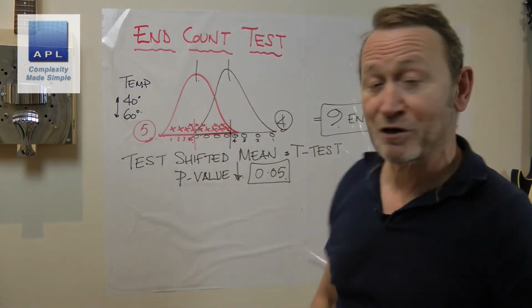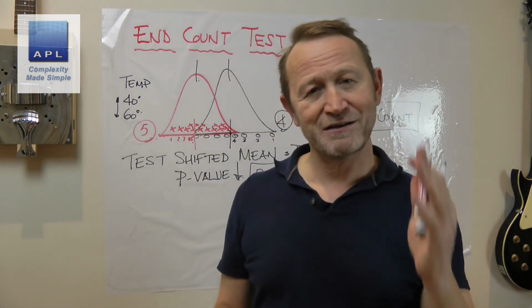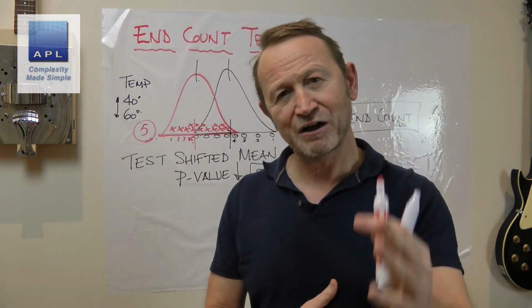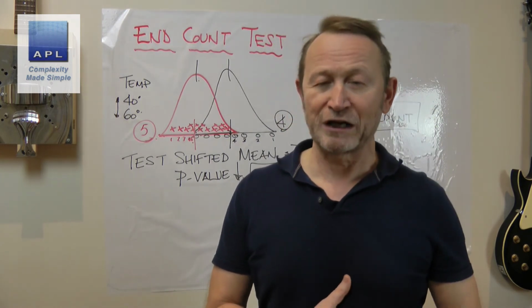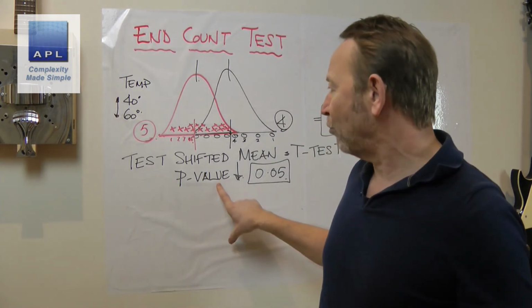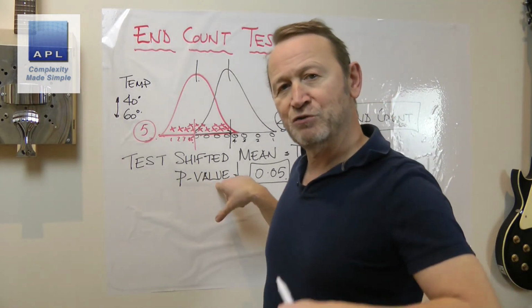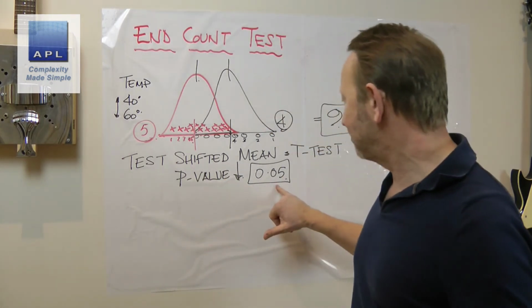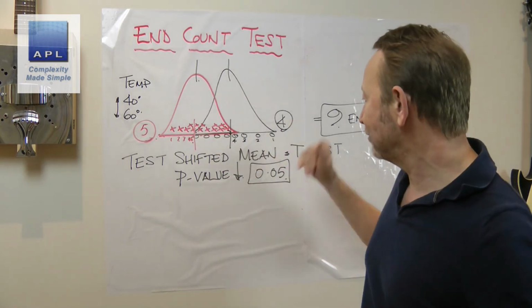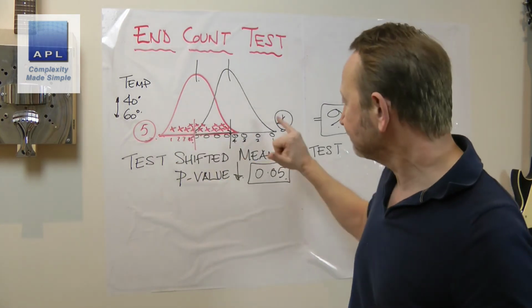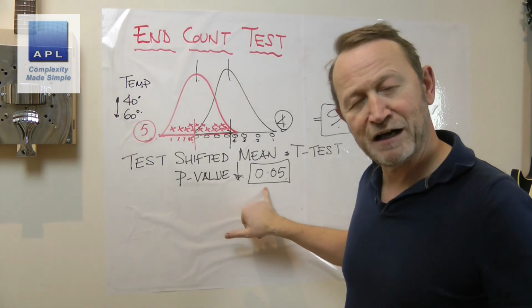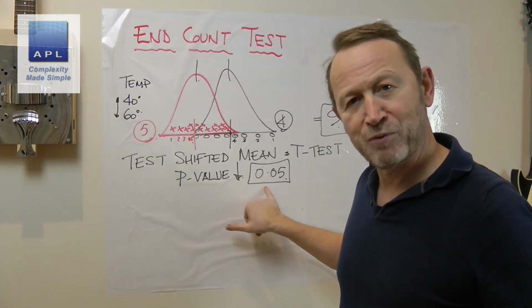Now I've looked this up on the internet, and the end count test is highly reliable. It will always agree with the mathematical test. So if you decide that you have a p-value of 0.05, you've got an end count of 7, when you calculate the p-value for real, it'll be around about 0.05.